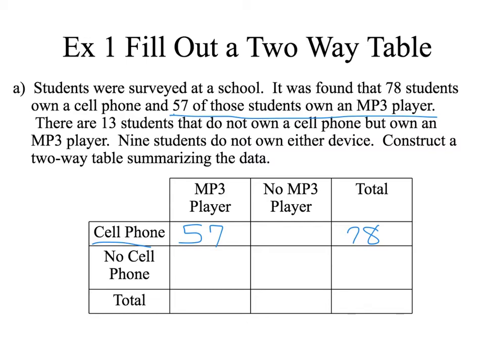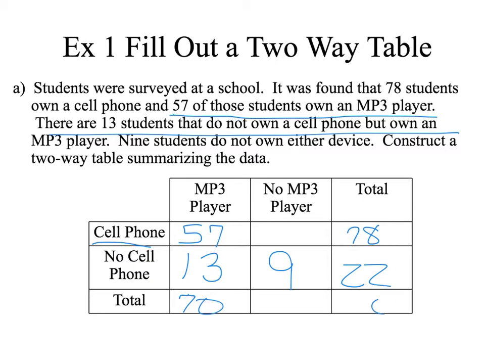We are also told that there are 13 students who do not have a cell phone, but do have an MP3 player, and 9 students that do not have either device. Now, to complete the rest of the table, you're basically just going to add and subtract. So to get my total for my MP3, that's going to be 70. 13 plus 9, that's 22 going this way.